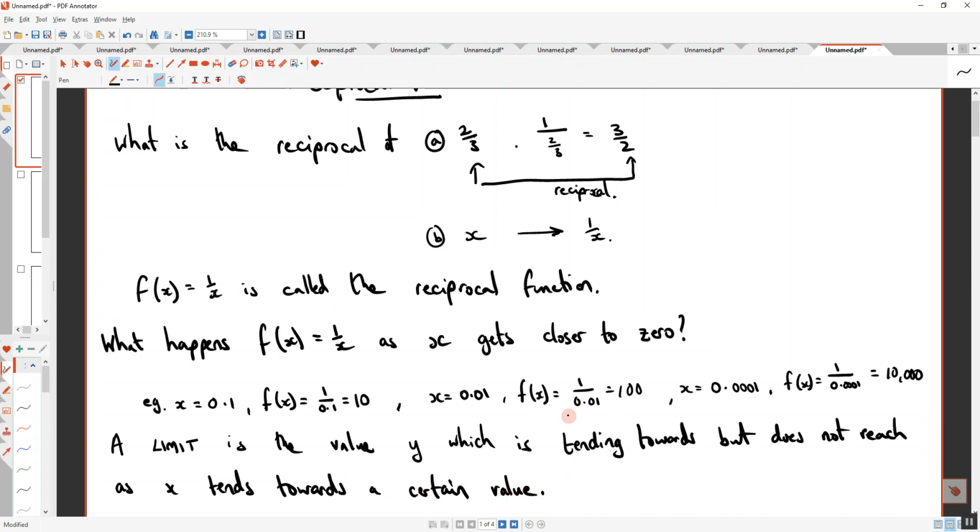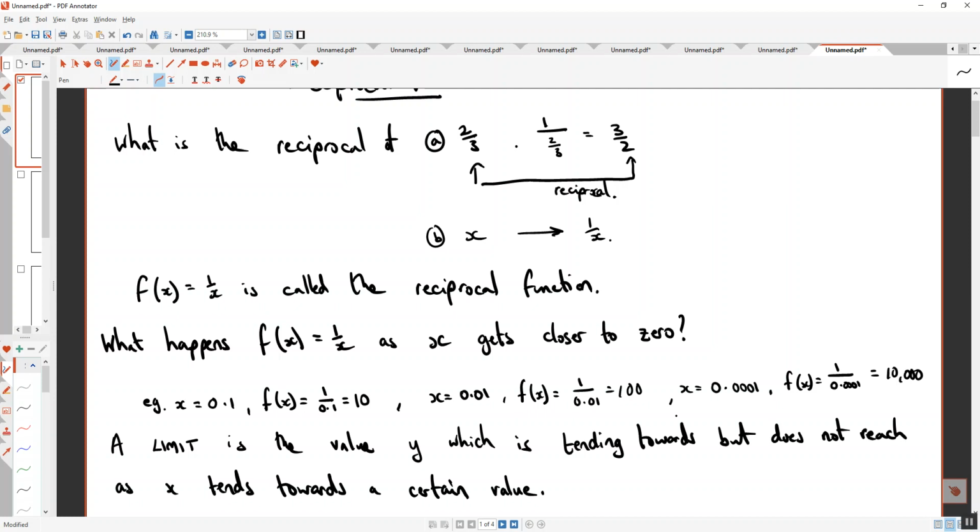So we're saying as x tends towards the value of 0, our y value, or f of x, tends towards infinity, but never actually gets there, because we can get infinitesimally closer and closer to 0. That's just going to keep making our y value bigger and bigger. So it gets closer and closer to, but doesn't ever reach.